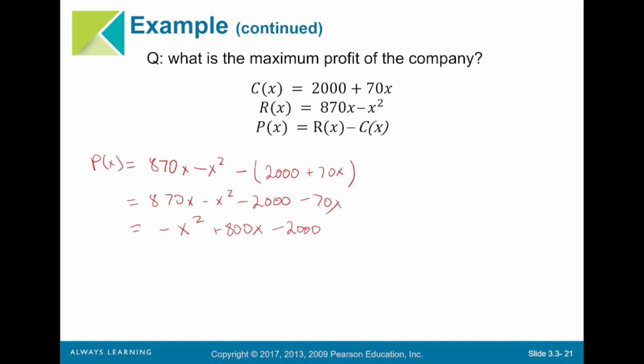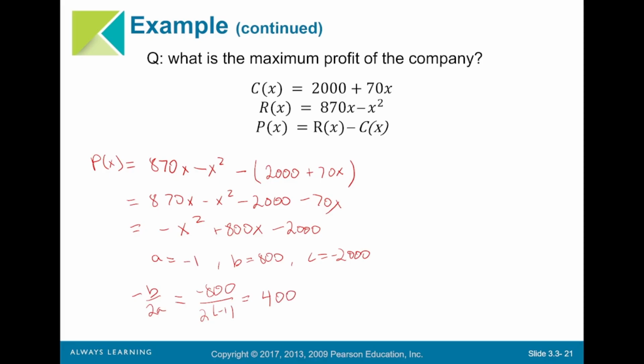Now, of course, we look at negative b over 2a. You know what? I always do this. Let's write down our a, b, and c first. a equals negative 1, b equals 800, and c equals negative 2,000. Okay, so we look at negative b over 2a, and we have negative 800 over 2 times negative 1. Well, that's just 400.